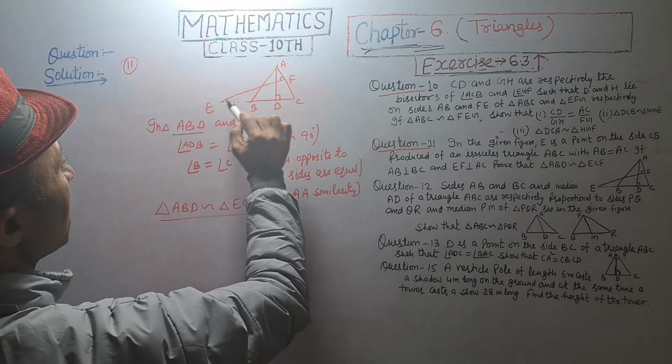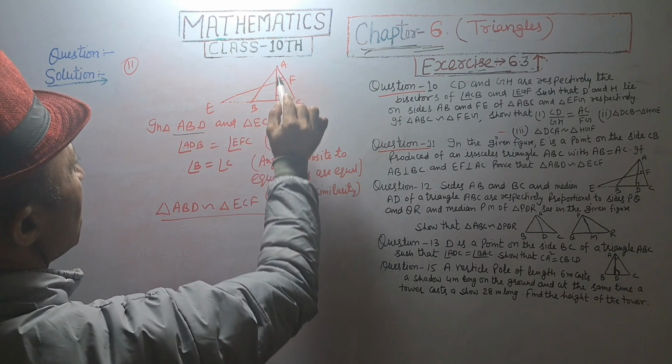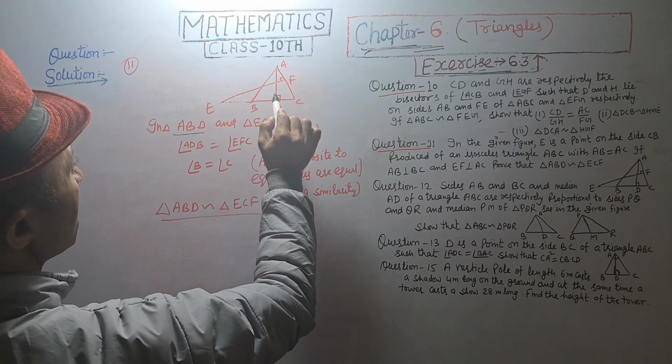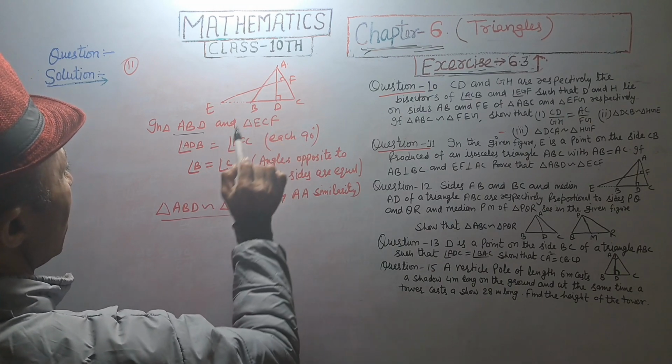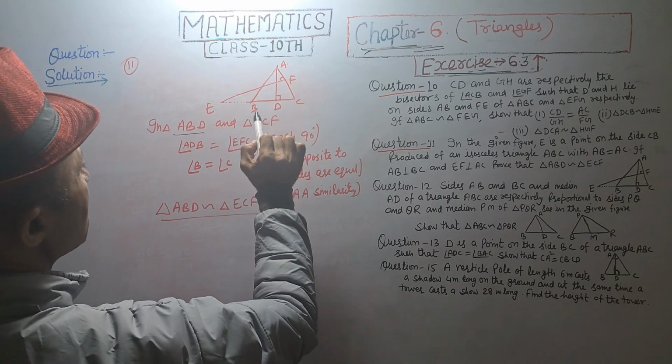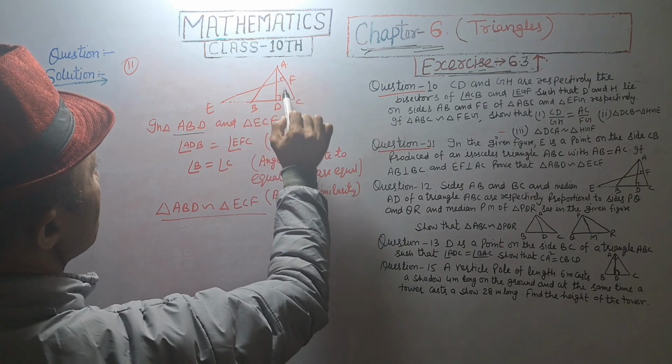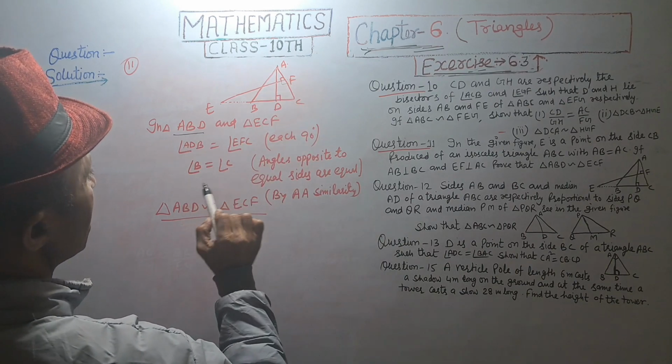Angle ADB is 90 degrees and angle EFC is 90 degrees.